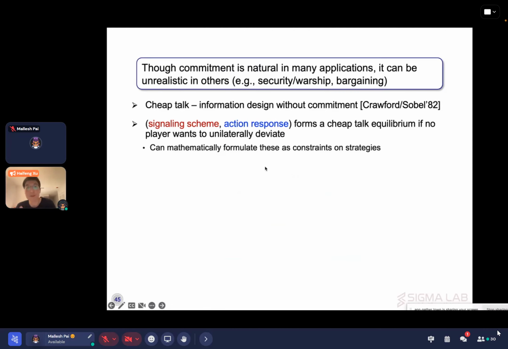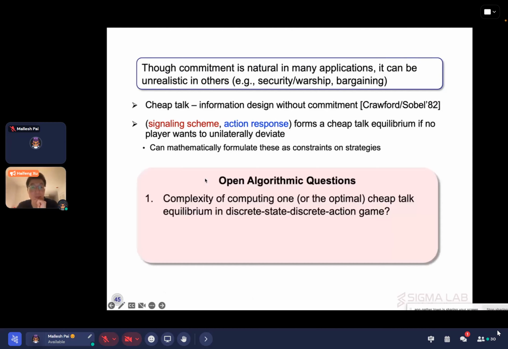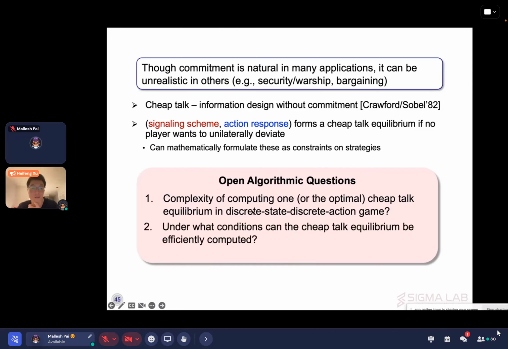And this can be mathematically formulated as a constraint on the strategy. So no deviation is basically a mathematical constraint, and that leads us to think about algorithmic questions like, what's the complexity of computing one cheap talk equilibrium, or computing the optimal cheap talk equilibrium, in normal form games with discrete actions and discrete states, and under what conditions can the cheap talk equilibrium be efficiently computed?